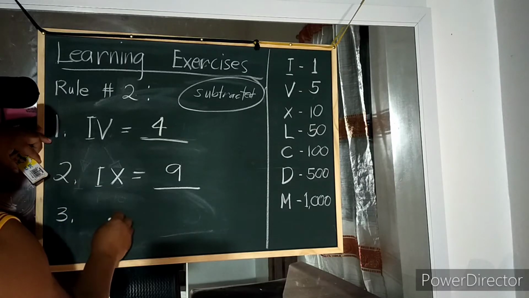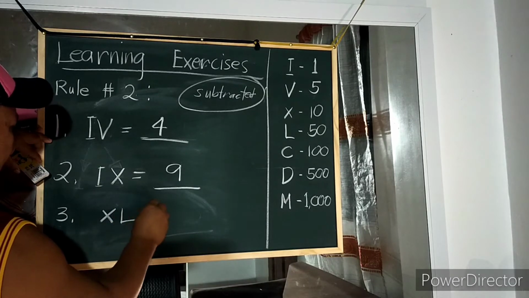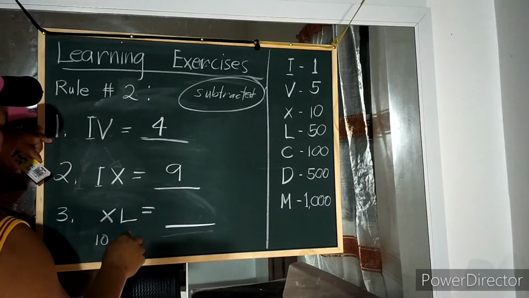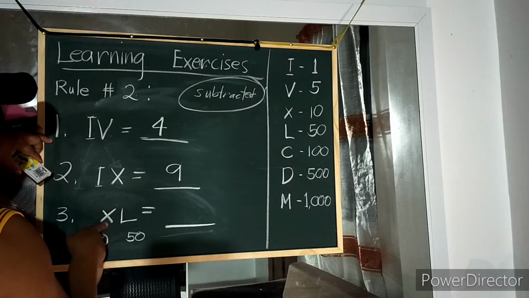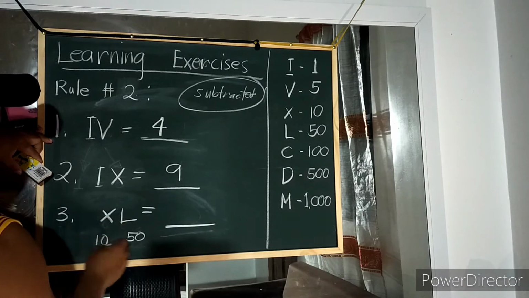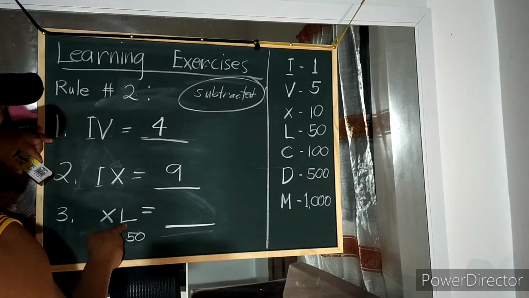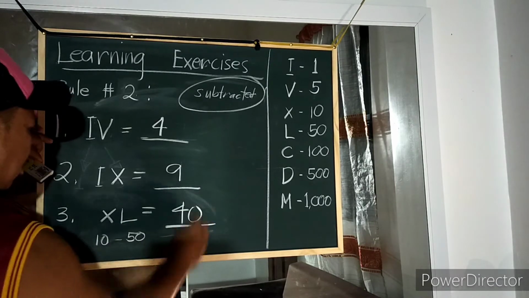Last example, we have here X, L. X is 10, while L is 50. Lower value comes before the higher value. Subtract. 50, that's the value of L. So 50 minus 10, that is 40.